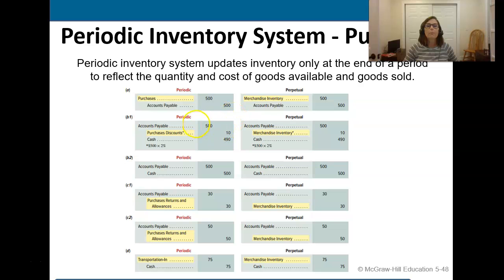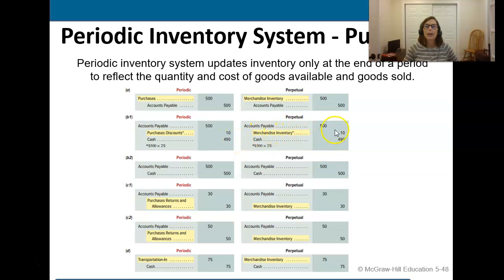When we have discounts, the periodic system, this is assuming that we're going to pay on the early pay discount. We're still going to reduce our accounts payable by the entire amount owed, but under the periodic system, the discount's going to go into an account called purchase discounts, and then the cash, of course, will be the same.